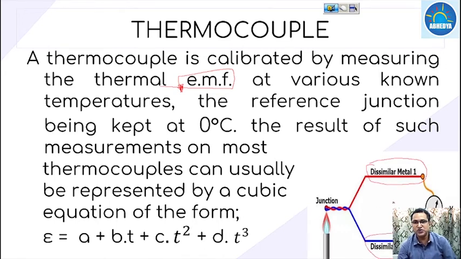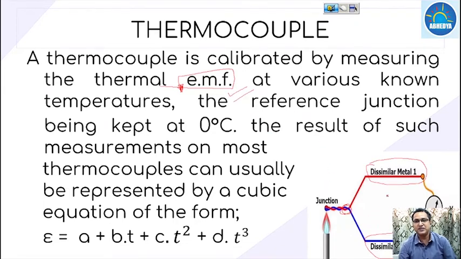When these two dissimilar metals are joined, two junctions are formed, this junction and this junction. Now at these two junctions we generate the electromotive force, that is EMF.